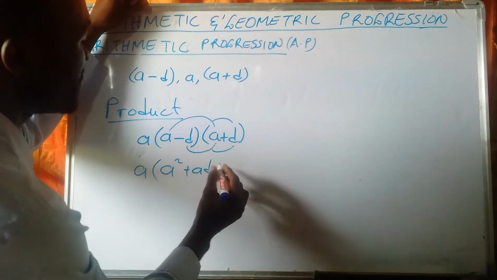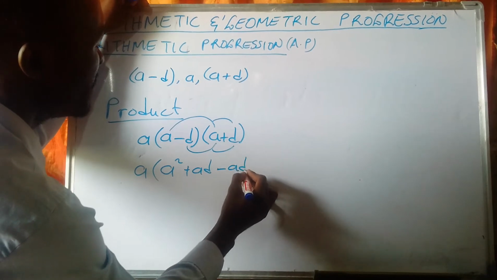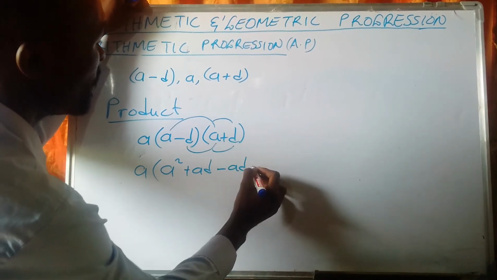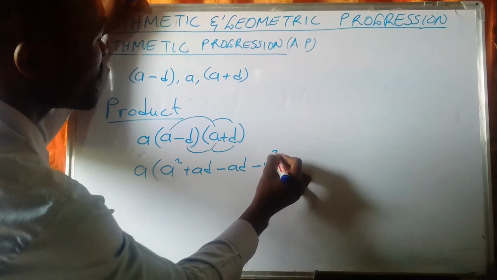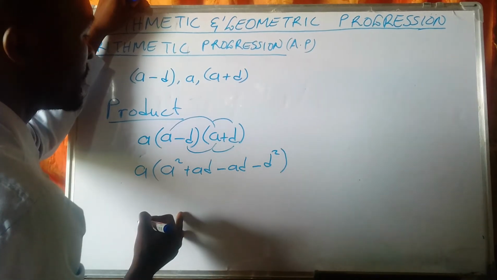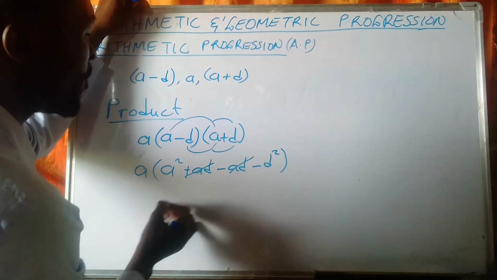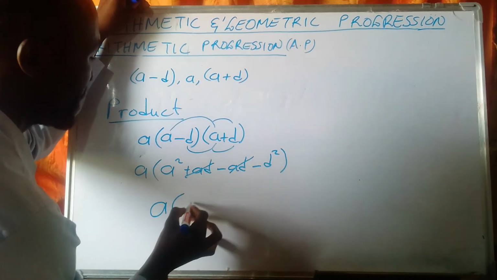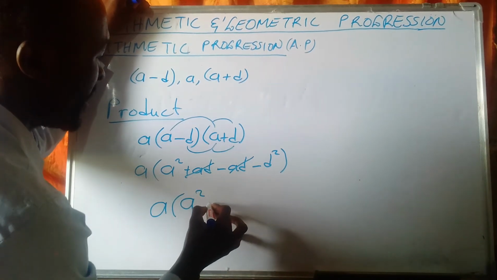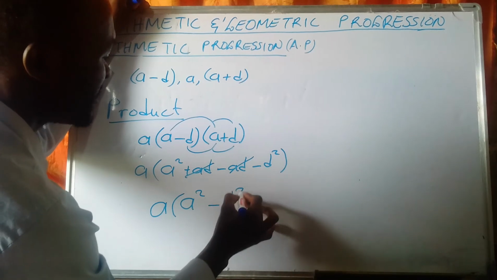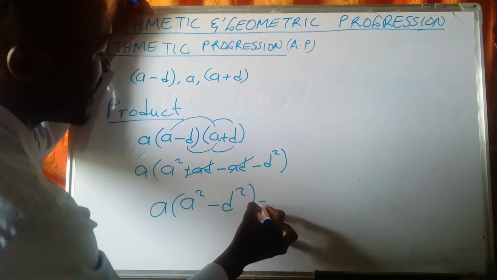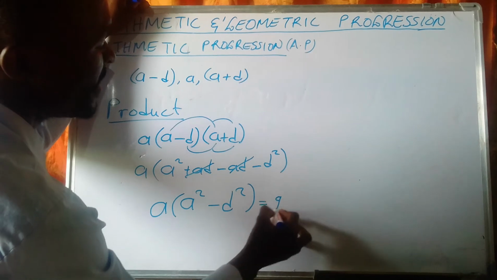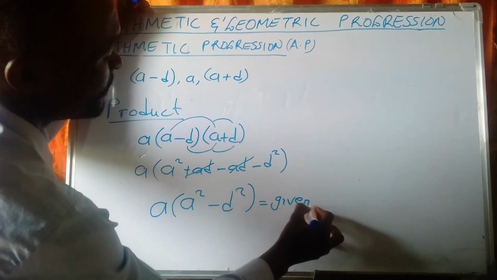Then negative D times A is negative AD, and negative D times D is negative D squared. This one and this one will cancel, so we remain with A, open bracket, A squared minus D squared, close bracket, and you say it equals the given term.